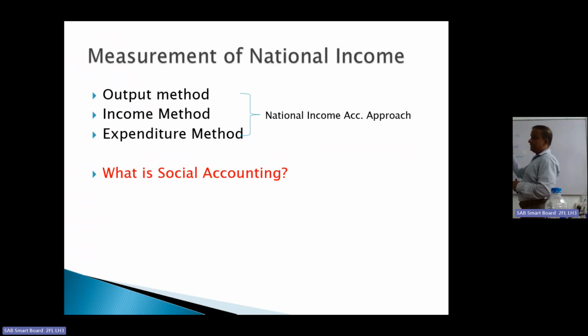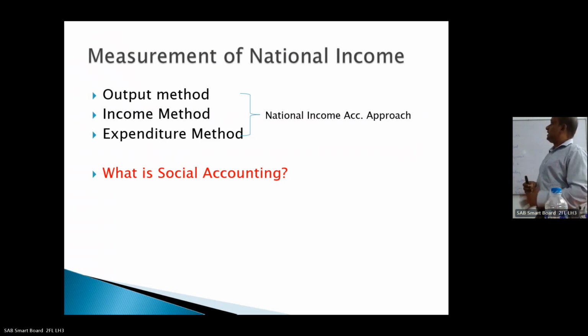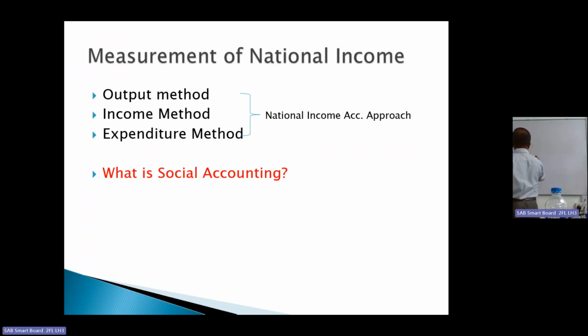That is the method we use here, based on the output method, income method and expenditure method. That is the national accounting or national income accounting approach. All these things, commonly we call it the social account.